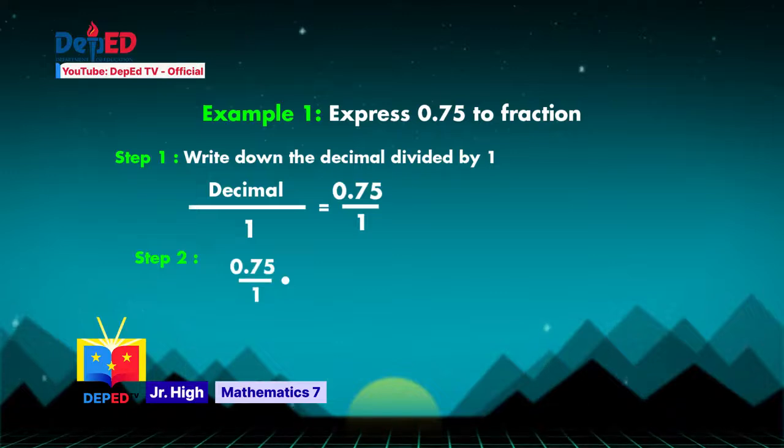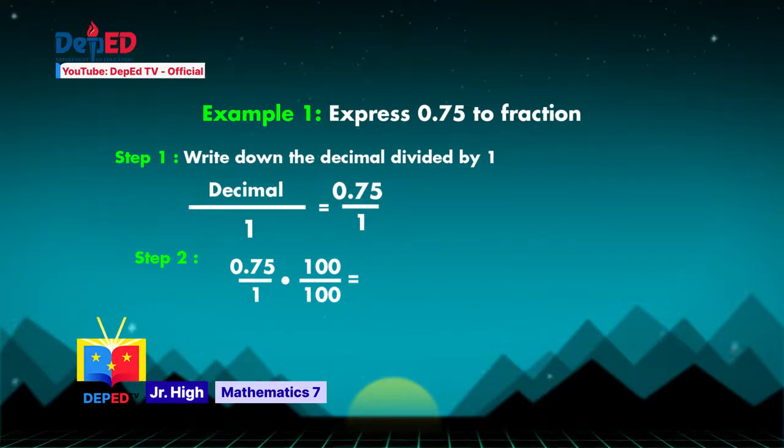Freshies, what should we multiply to 0.75 to move the decimal point at the end of the number? Multiply it by 100. We need 2 zeros to move the decimal point twice to the right. Remember to also multiply the denominator. This will yield to 75 over 100.